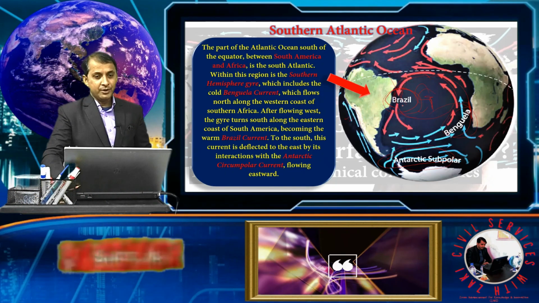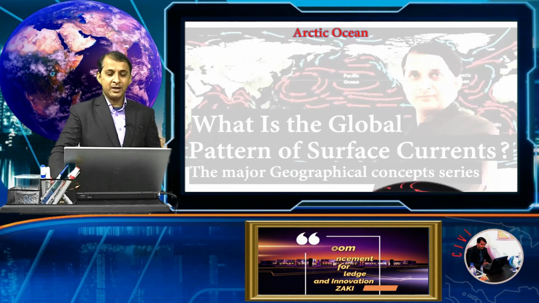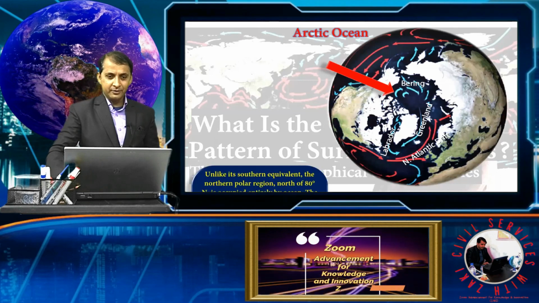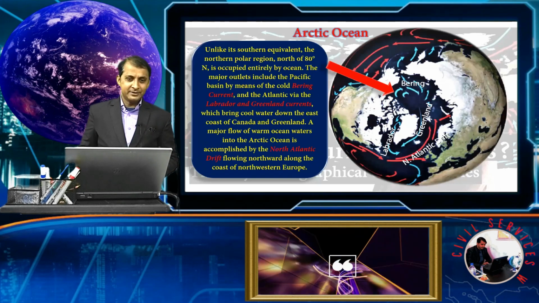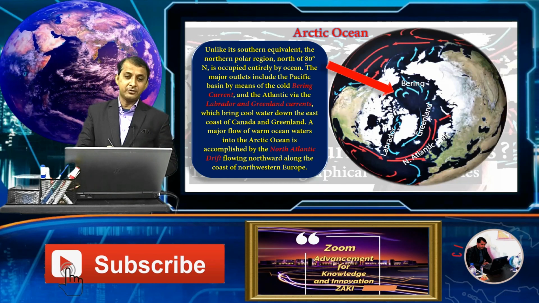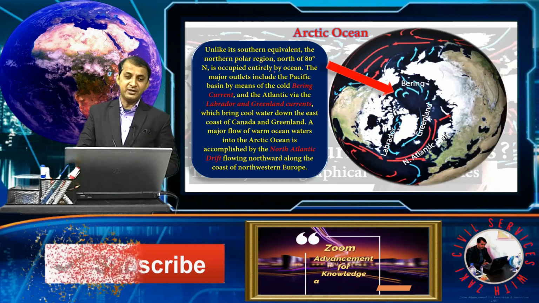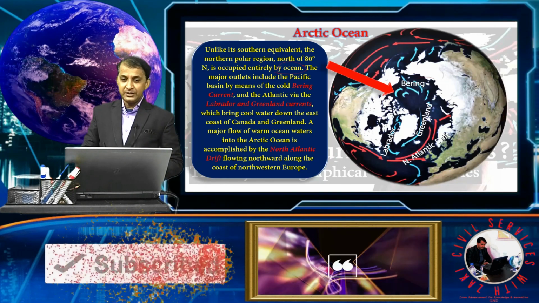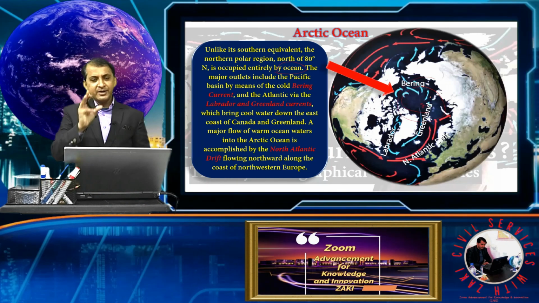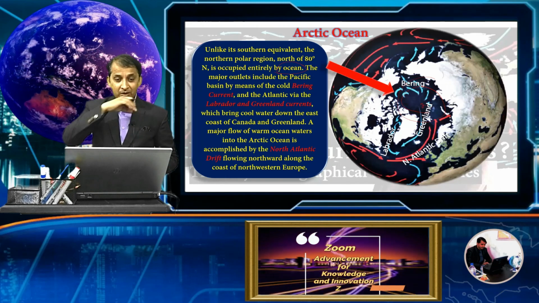Now we move to the Arctic Ocean. Unlike its southern equivalent, the northern polar region, north of 80° north, is occupied entirely by ocean.